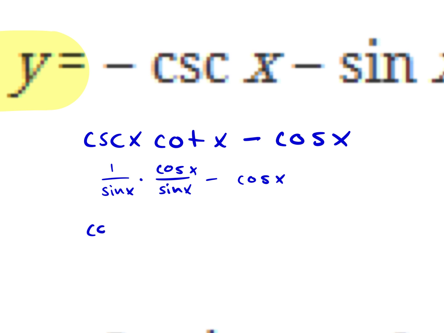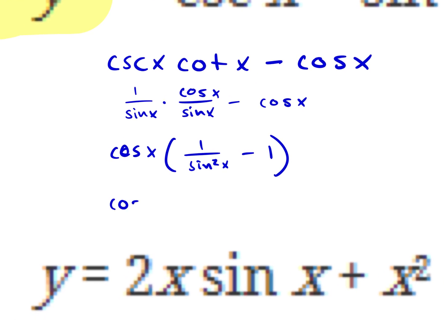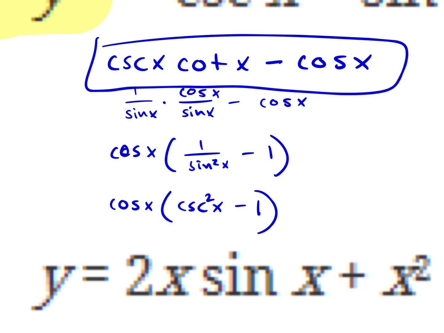So this would be cosine times 1 over sine squared, since we're multiplying, minus 1. Or cosine times cosecant squared, minus 1. But I think the answer choices just leave it like this. It may simplify a little bit, but I don't think so.